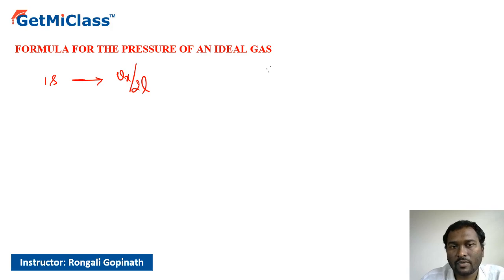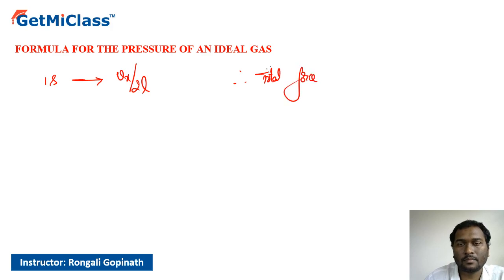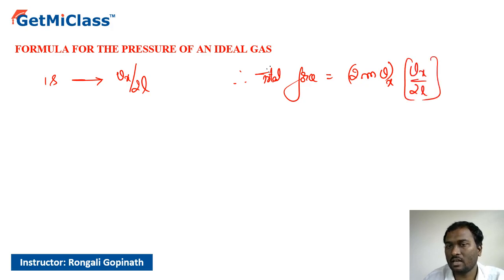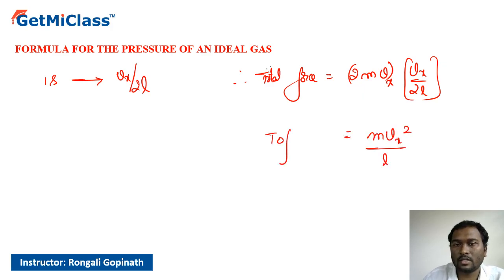So the total force is equal to 2mvx into Vx by 2L. Since we are dealing with only the x-axis, I have changed the velocity to Vx, which would make it mvx square by L. This is the total force.